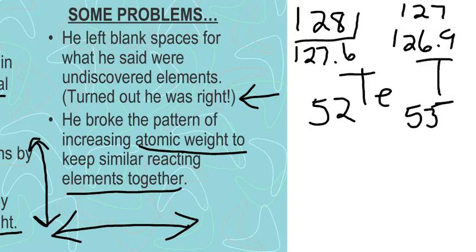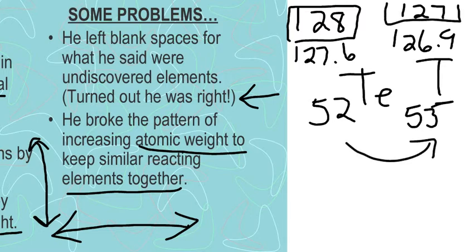Based on these atomic mass numbers, the elements should really be in reverse order. Iodine should come before tellurium. But if we look at the pattern, based on their physical and chemical properties, iodine belongs exactly where it is, and tellurium belongs exactly where it is.